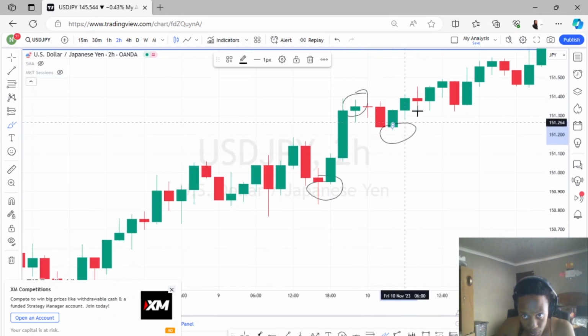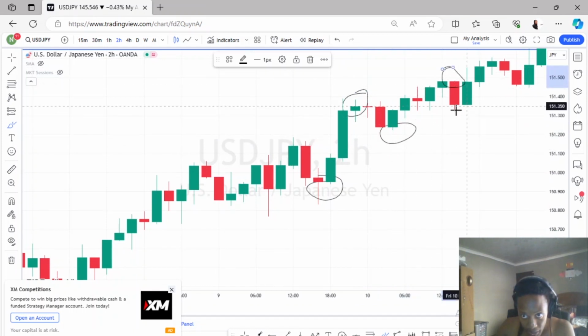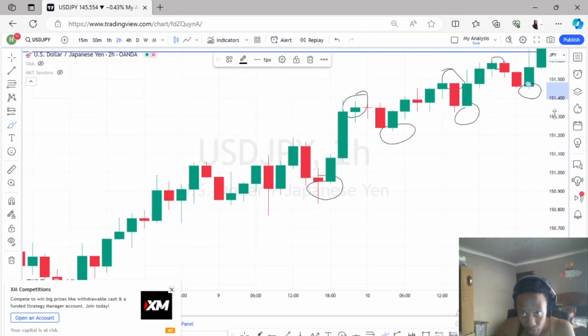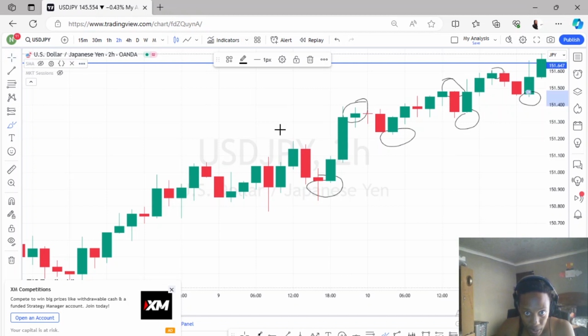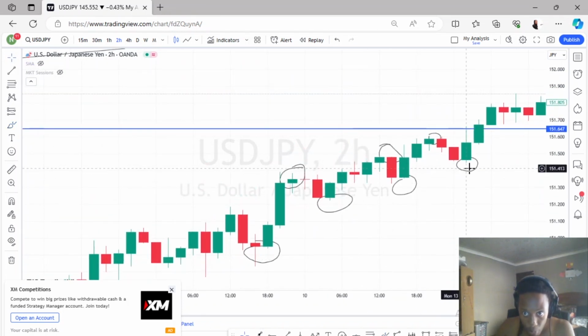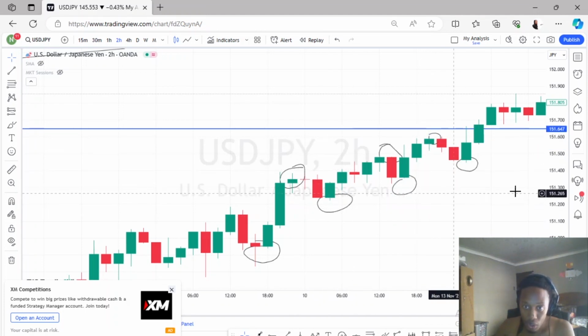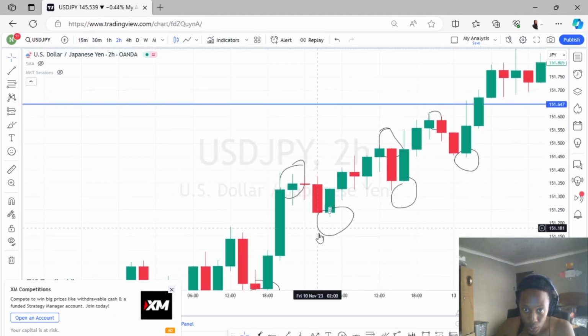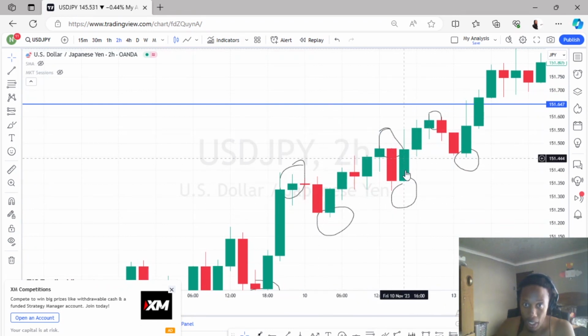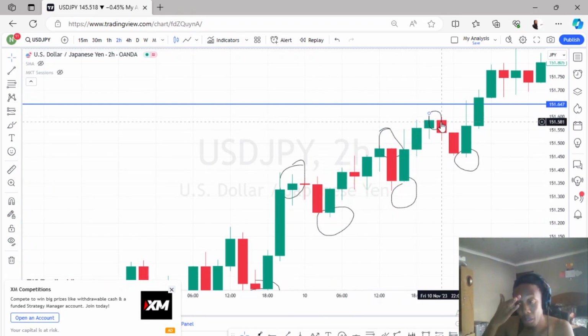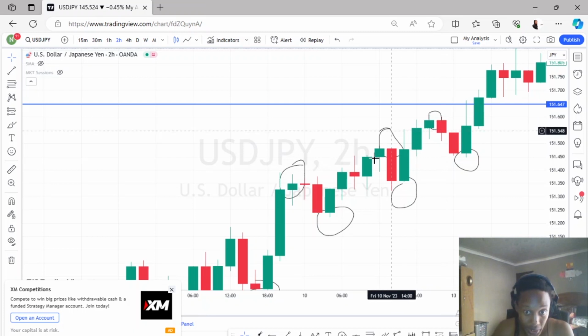Higher low, higher high. Higher low, higher high over there. Overall, this is where we buy. This is where we don't even think of a sell because we're in an uptrend. In an uptrend, you focus on the trend that is going up, on buying opportunities.